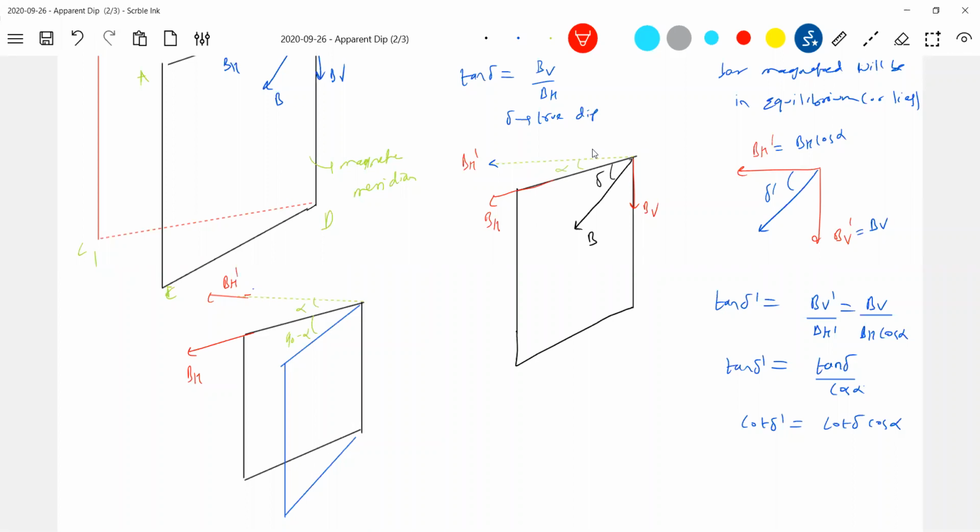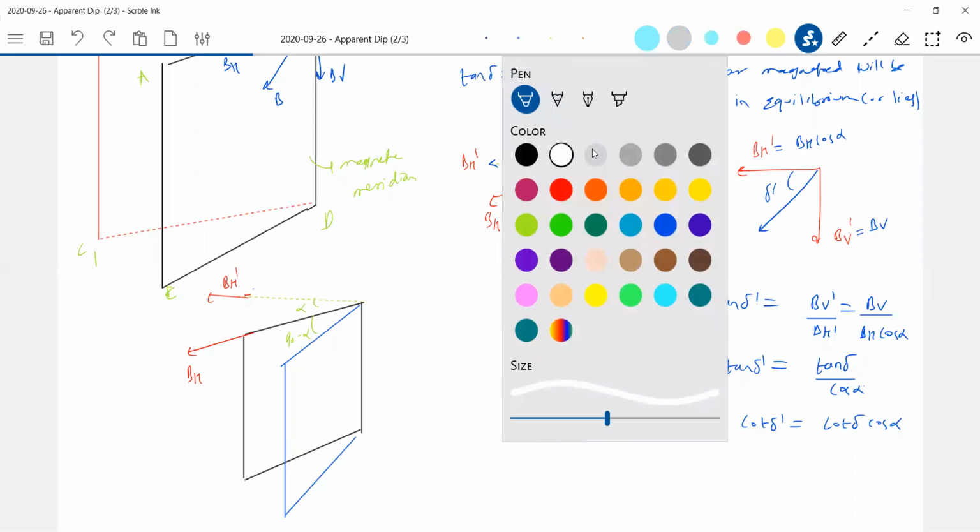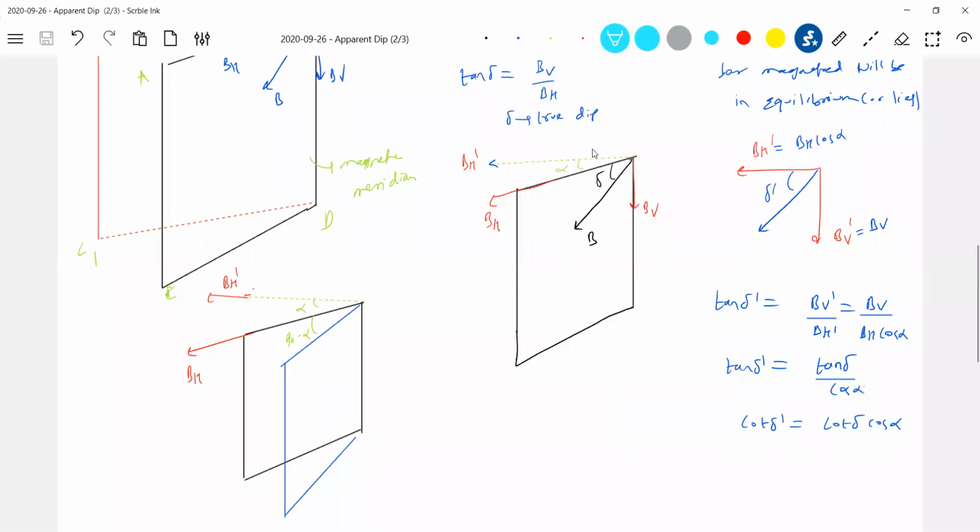So now tell me how much this value should be. Anybody? This should be equal to BH sine alpha, or BH cos of 90 minus alpha.